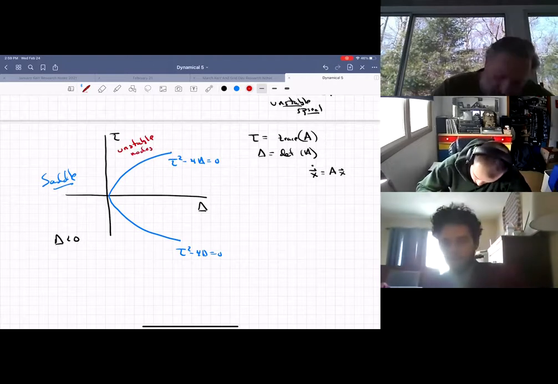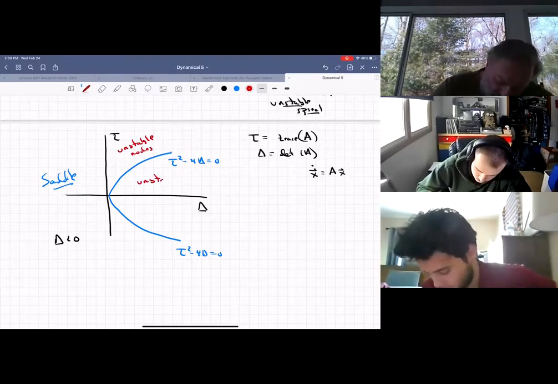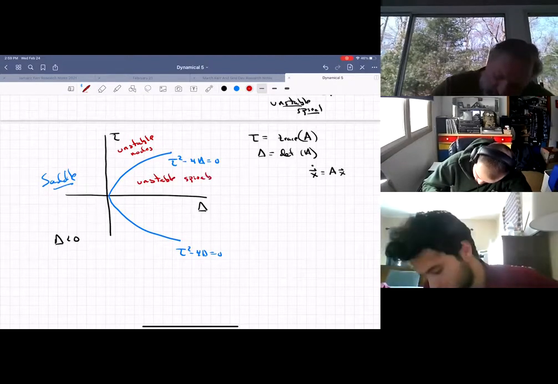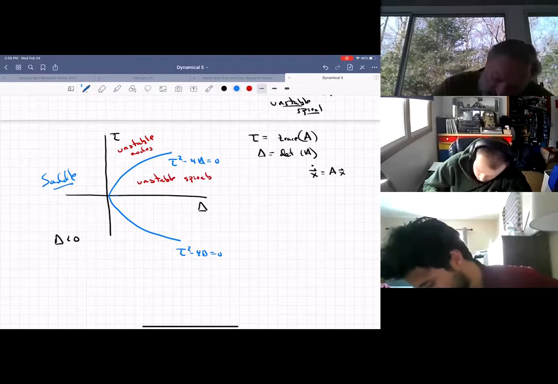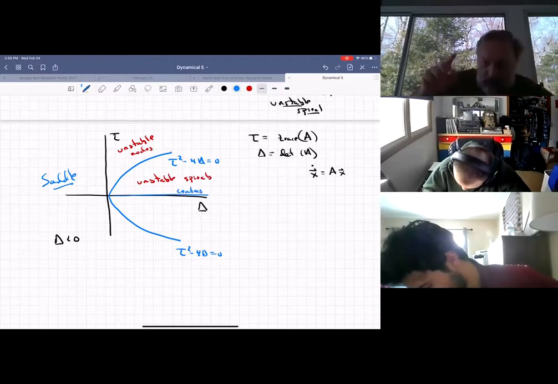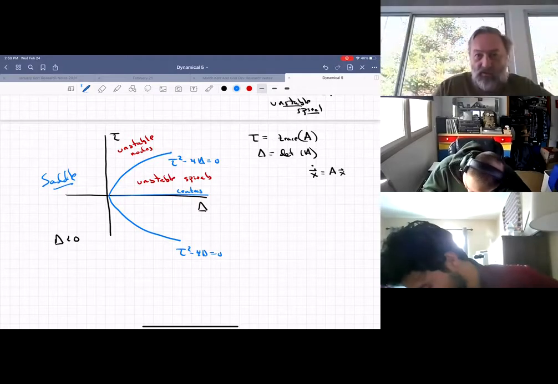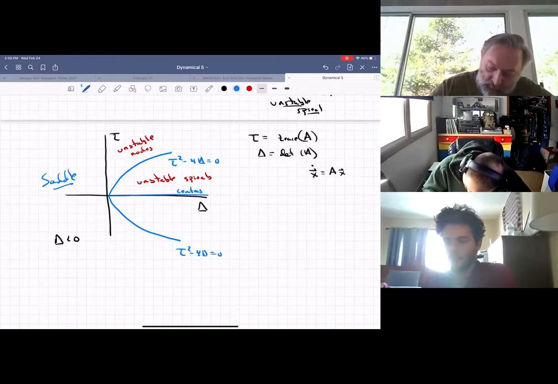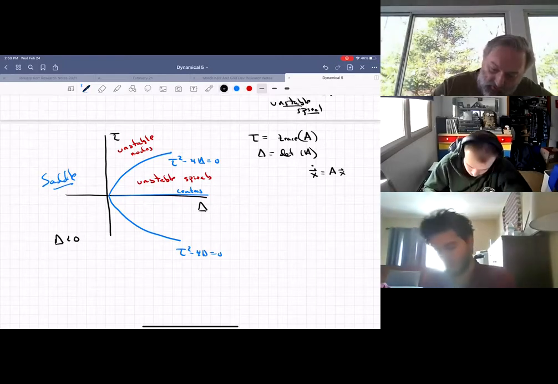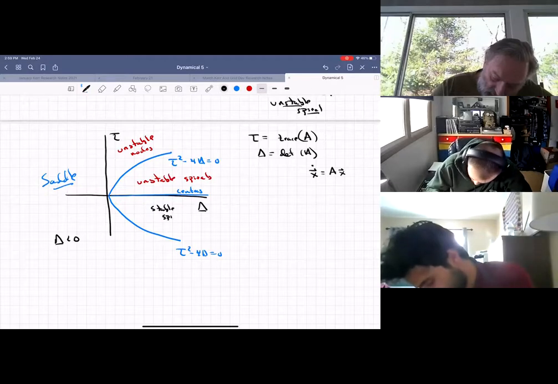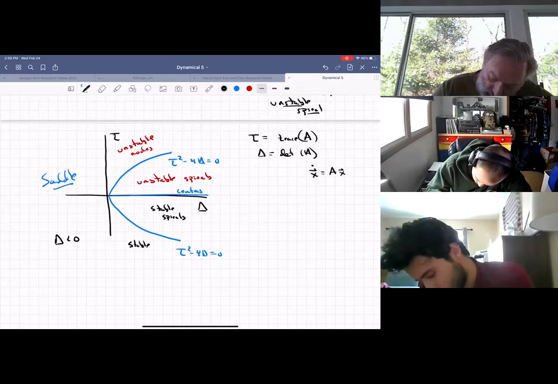What you have in here is unstable spirals. What you have right along this line are centers, simple harmonic oscillators. So if tau is equal to 0, then you get a simple harmonic oscillator. What you have down here are stable spirals. And out here you have stable nodes.